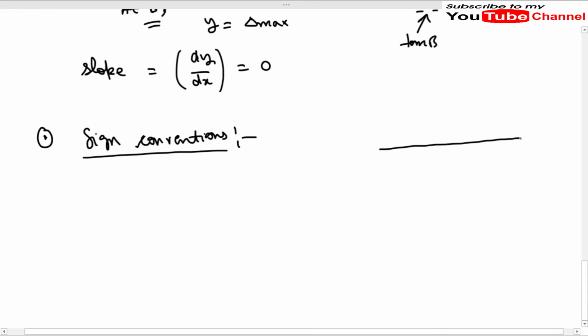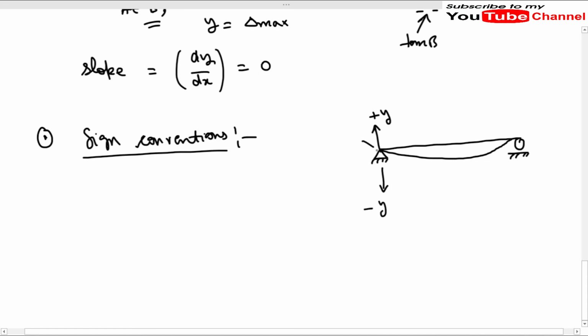What is the coordinate system which we used in our double integration method? We will use the same system. We have assumed that y is positive if it is measured in the upward direction and y is negative if it is measured in the downward direction. Let us assume that this beam has deflected like this.